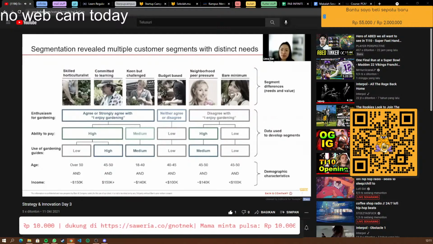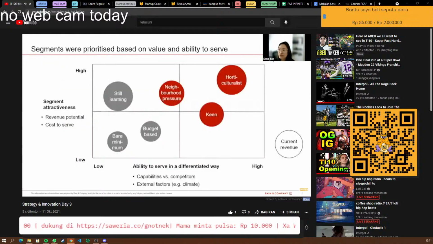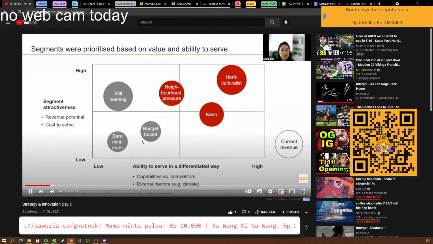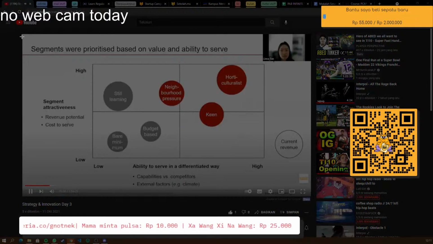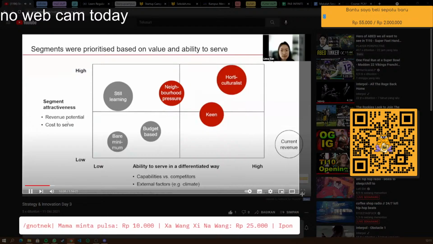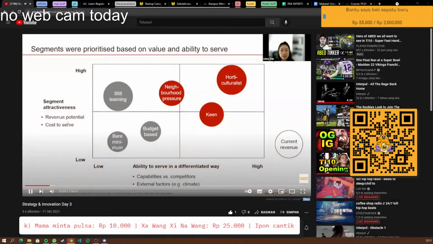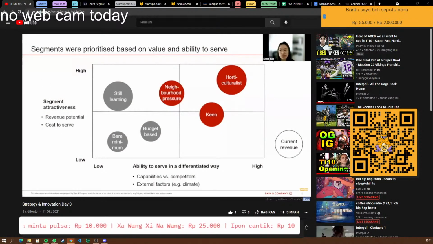If you have some of this, then what you can do is you can prioritize them, right, according to this matrix. One is the segment attractiveness, and also ability, like I said, to serve in a differentiated way, right? Segment attractiveness really is how much revenue they can generate, how profitable they are, and ability to serve is, do you have the right product offering for them?